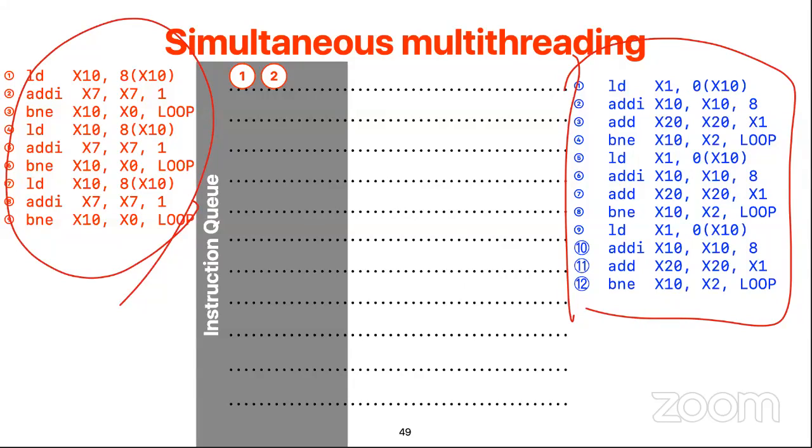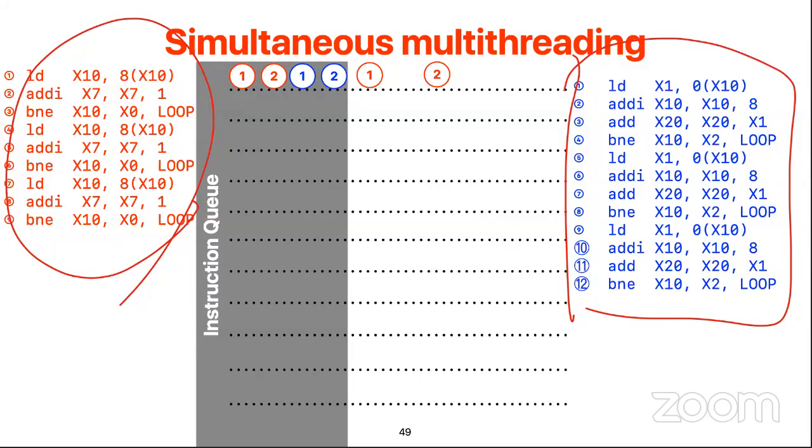Right now, for the instruction queue, even though we have the capability to fetch 4 instructions, we probably need to share that with another thread. However, it's probably not a big issue because if you look at the linked list example, no matter how many instructions you can fetch at the same time, you just cannot use them. So let's just fetch 2 instructions from one thread, and 2 from the other thread. And as you can see here, right now we assume this processor still only has the capability to execute 2 instructions at the same time.